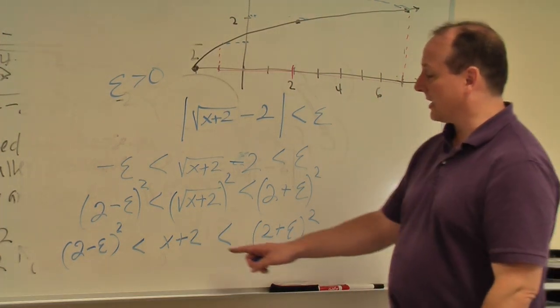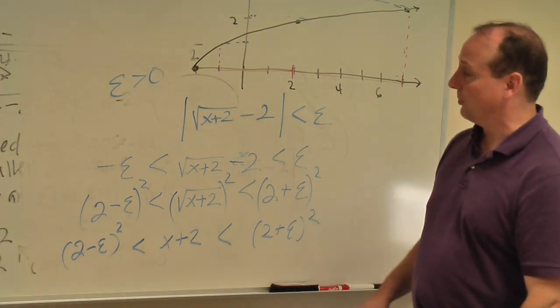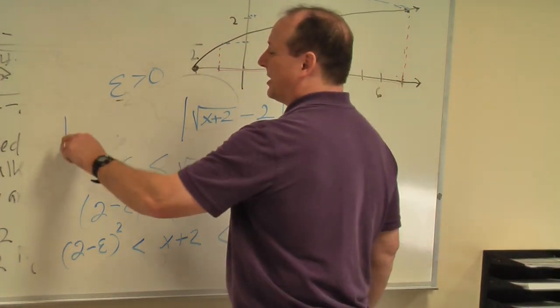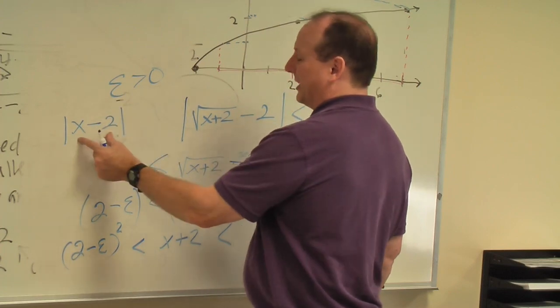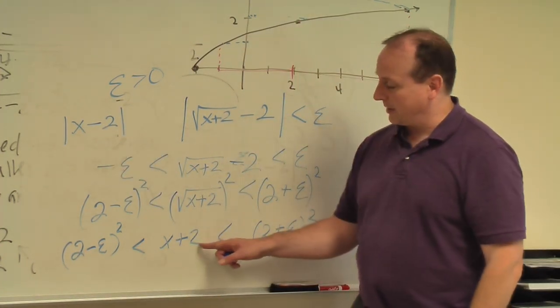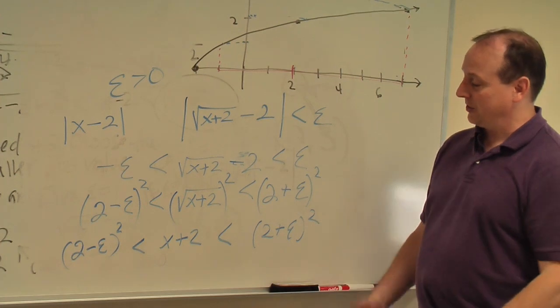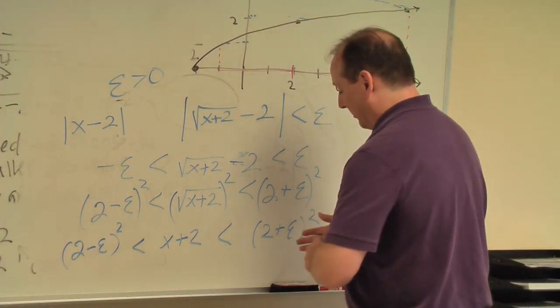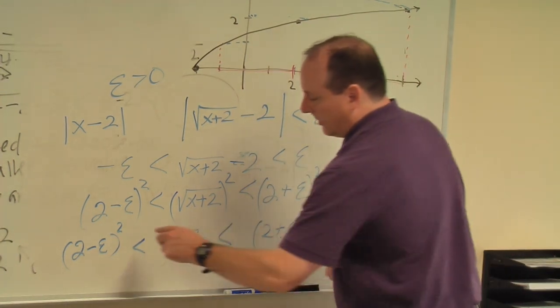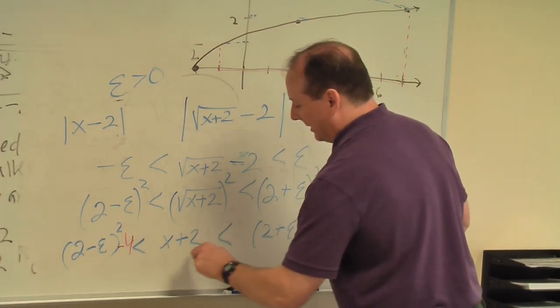But x isn't approaching negative 2. Again, what am I interested in here? x is approaching 2, so I'm interested in x minus 2. I don't want plus 2, I want minus 2. So the step I need to do there is subtract 4 from everything.